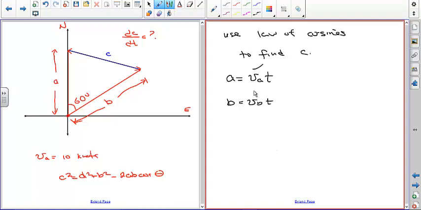And these are given, and these times are not the same because they leave at different times, but you can figure out what those are.